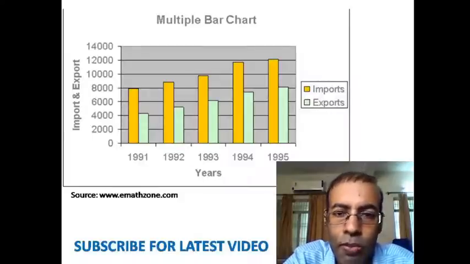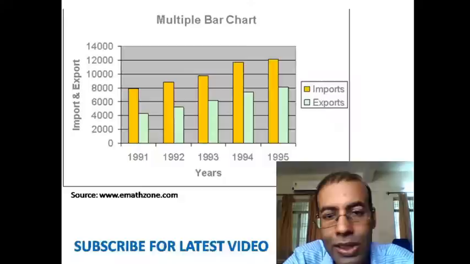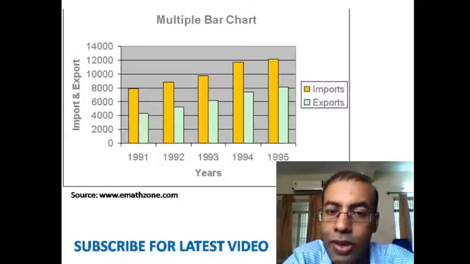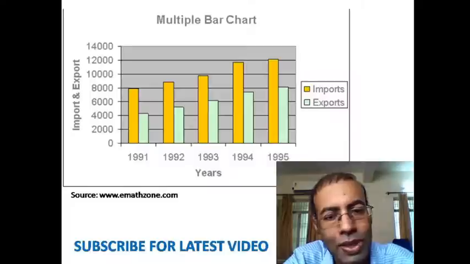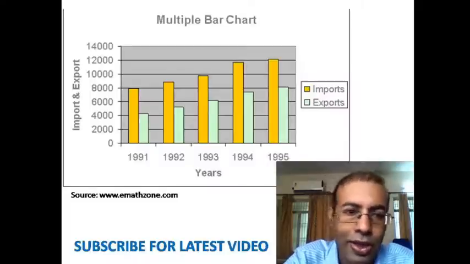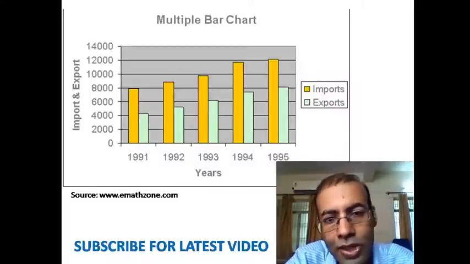The values of import and export were both increasing year by year, but the difference between import and export was more or less the same.